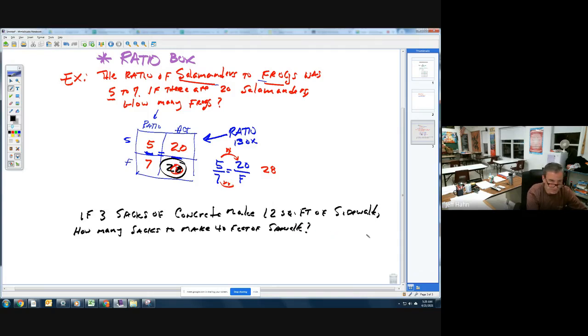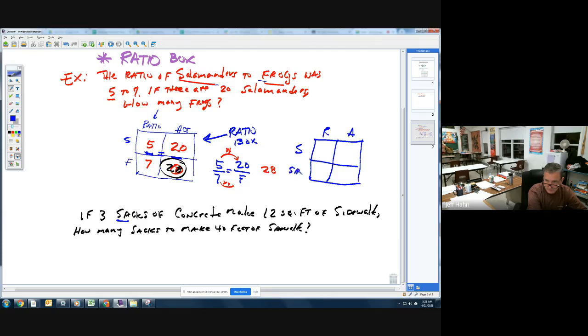So let's do that up here. Here is my ratio box. Again, I desperately need you to label these. This is my ratio. This is my actual. What am I comparing? I am comparing sacks to sidewalk.